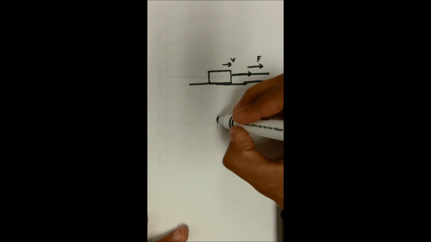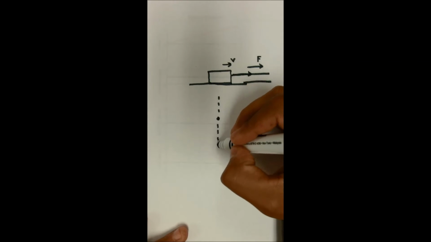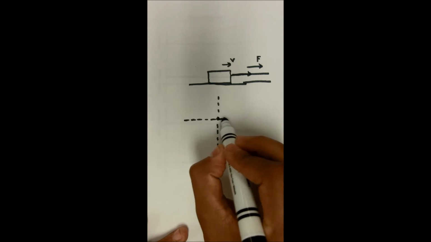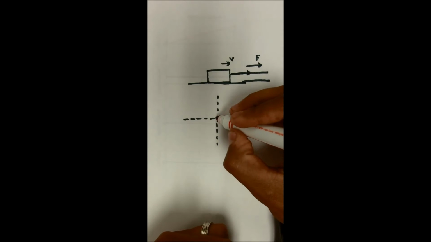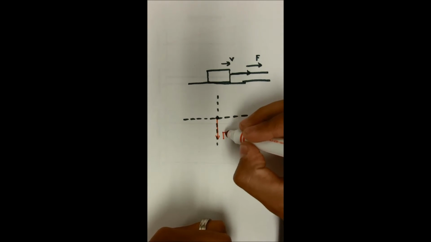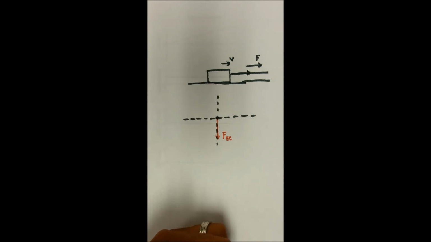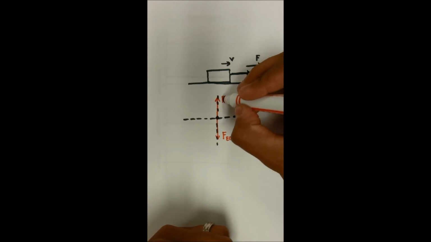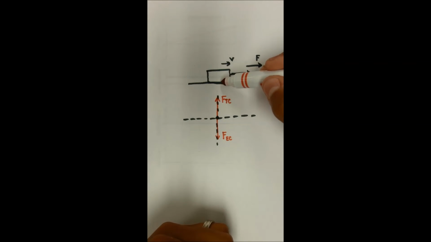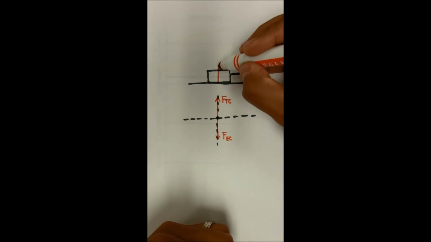So then when I draw my free body diagram for this, and I think about the agents that are acting on this cart, well, I know that the earth is providing a force on the cart, so I would say the force from the earth on the cart. In addition to that, I know that the track is providing a force on the cart, the force from the track on the cart, holding it up, keeping it from falling through the track.